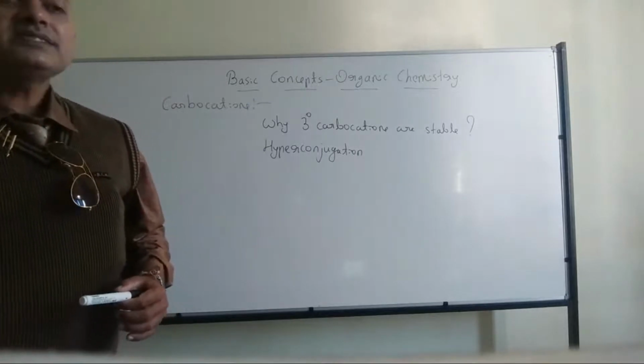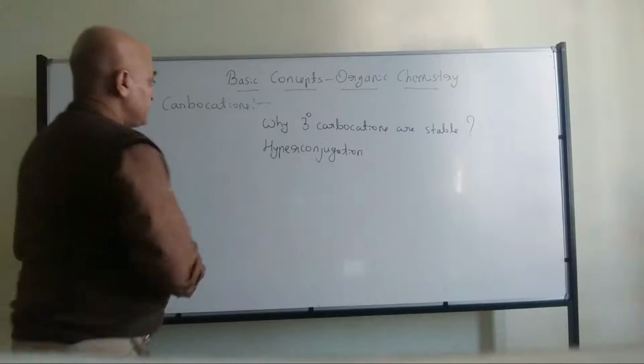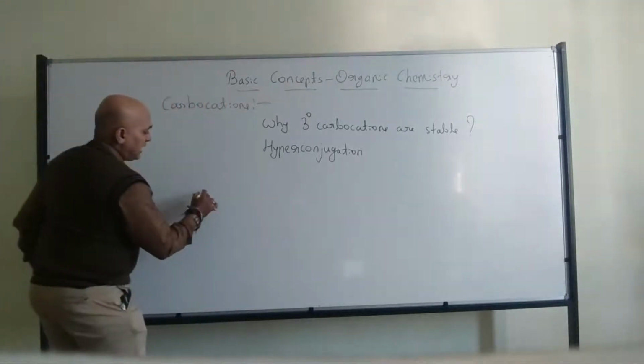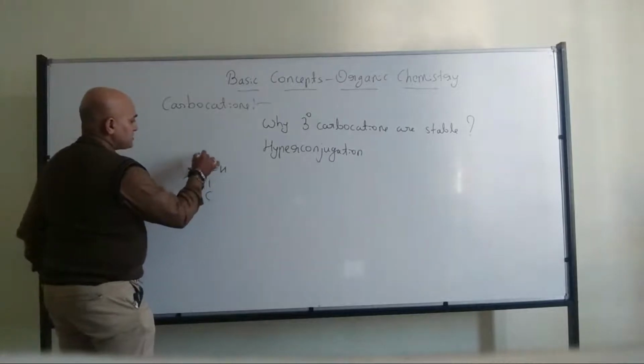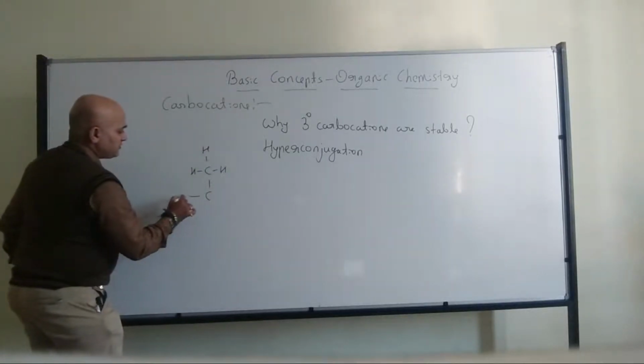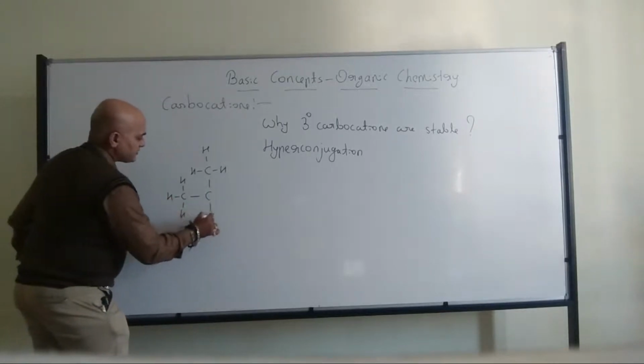Okay. So what is this hyperconjugation? So we are not understanding, sir. See, for example, I have a tertiary carbocation, which I had written earlier. Same thing I will write: H, H, H.